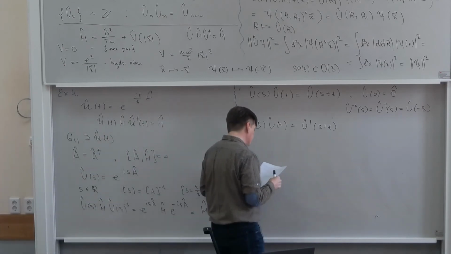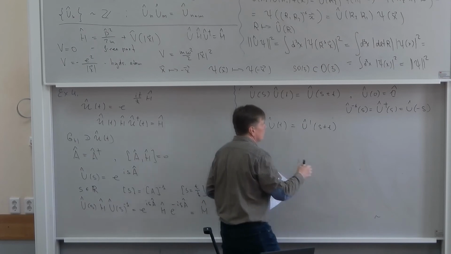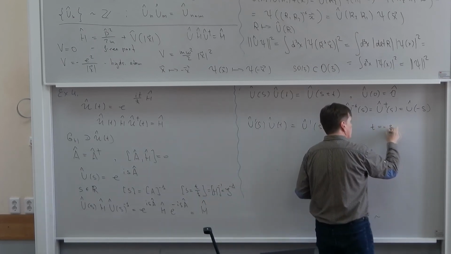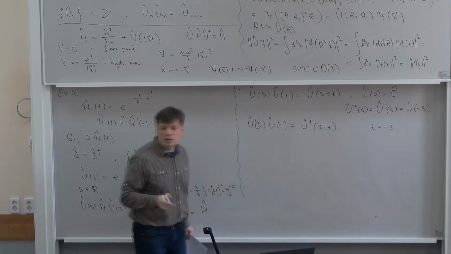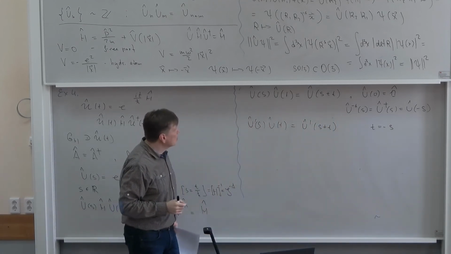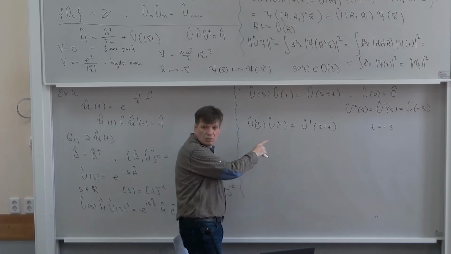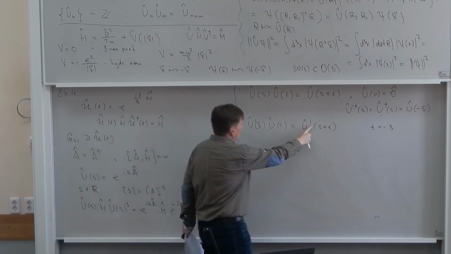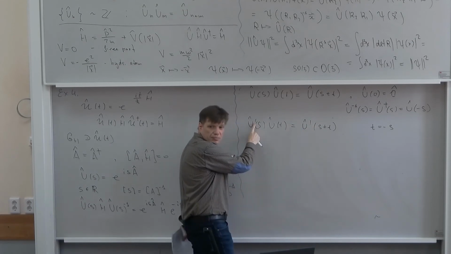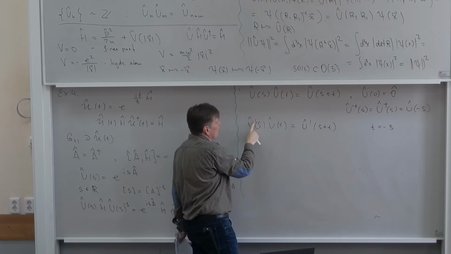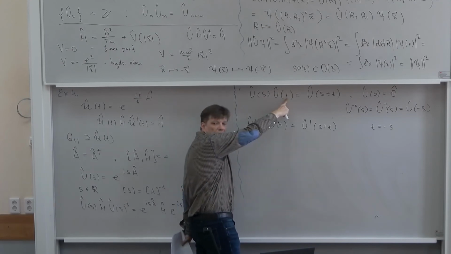Okay. Now let us put t equals minus s. I differentiate with respect to s, so the prime acts on the first factor but not on the second one.